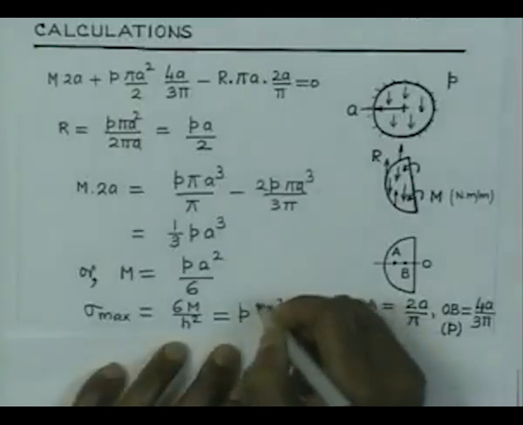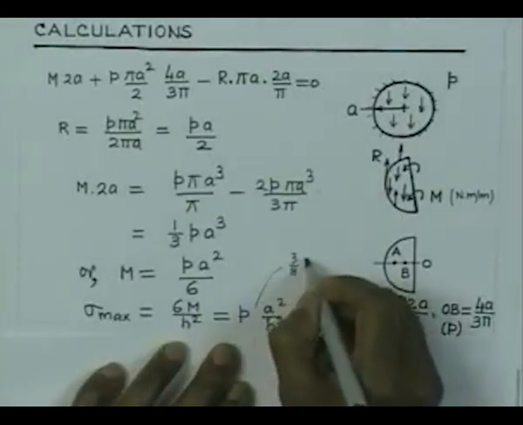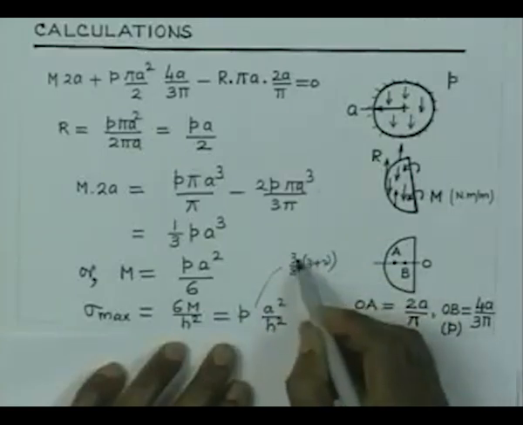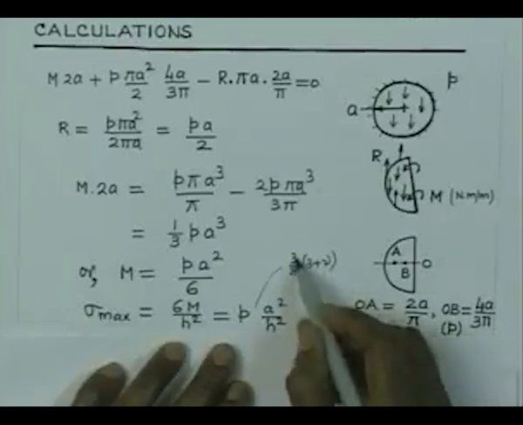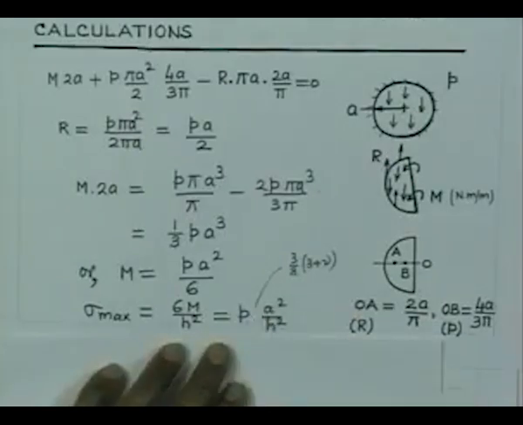So, we had a multiplier here. In the exact formulation, it was 3 by 8 into 3 plus nu. So, this 9 by 8, if you forget nu, was approximately 1. Through approximate calculations, we have got that as unity.